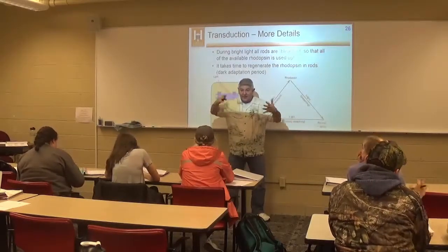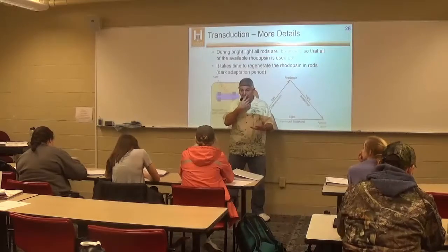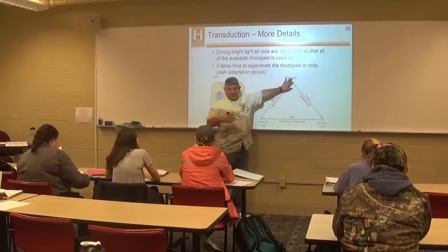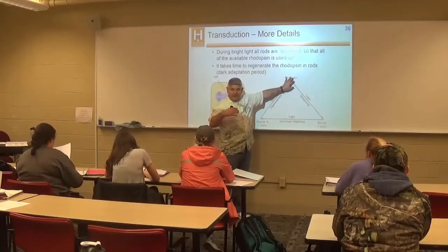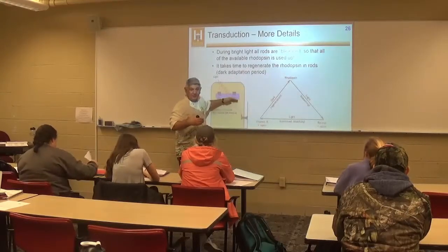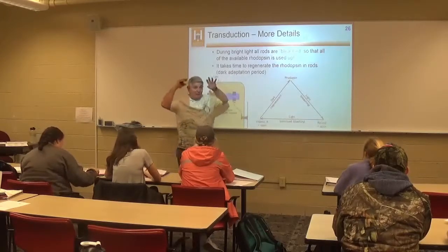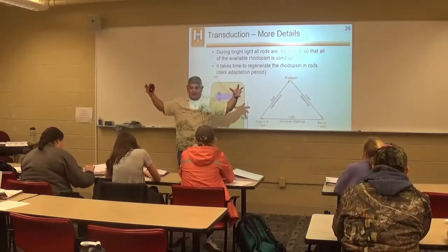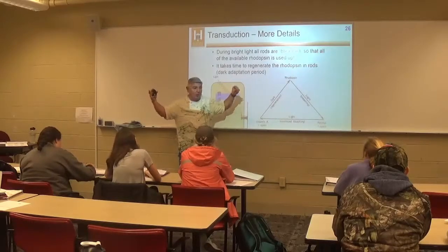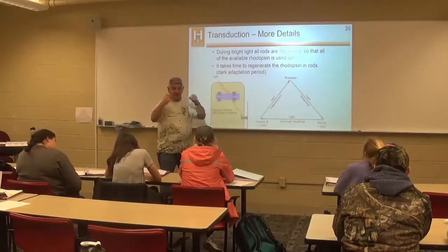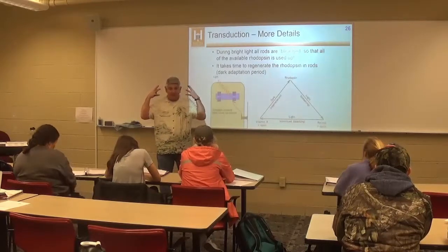Even though it's being made, every time it's made, it's bleached, right? So when you go in the dark, we make a rhodopsin molecule, it doesn't get bleached because we're in the dark, and so we're starting to fill those 20 discs full. And so when we get to 100%, we have our best dark adaptation, our best vision. But then when we walk outside, all 100% get bleached immediately. That's this huge signal that goes to our brain, and it's very painful.